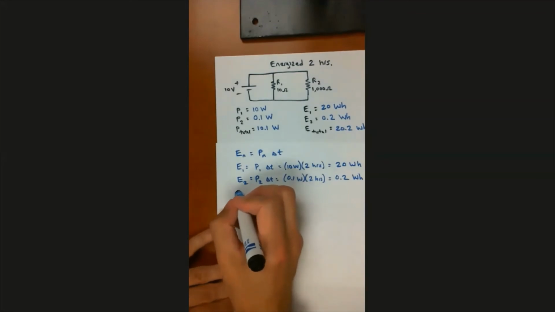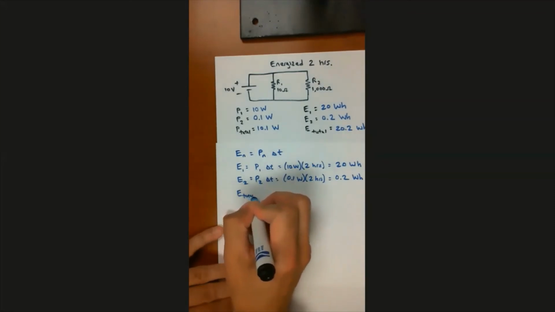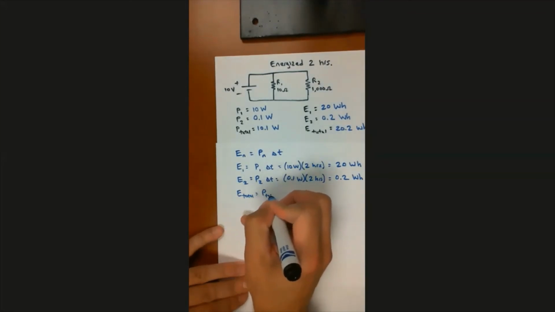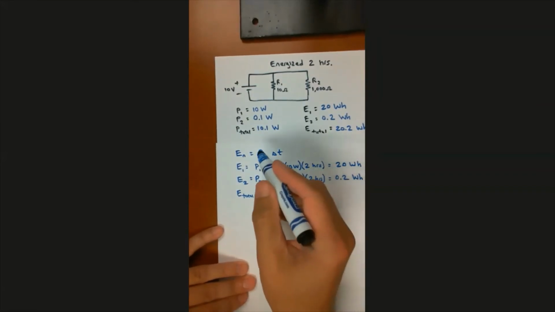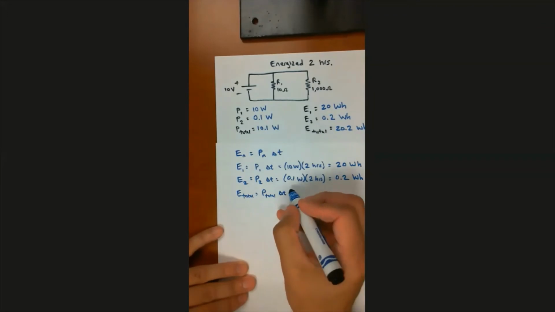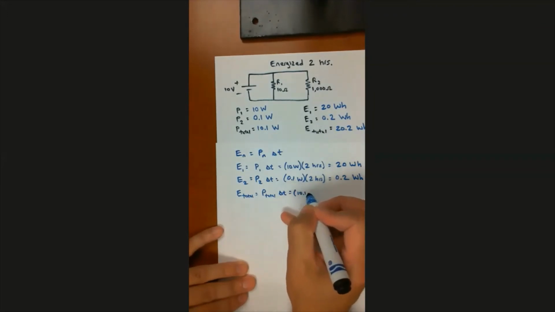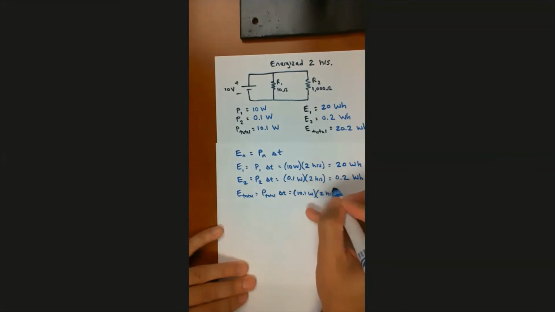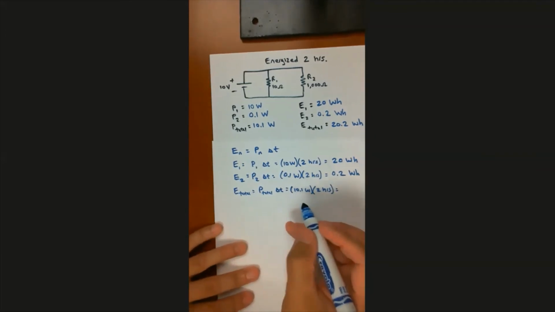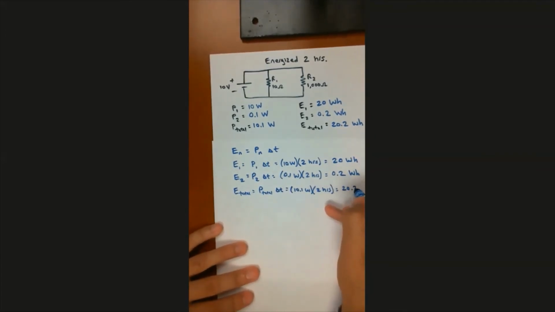But you don't have to take my word for it. Here's the calculation. E total equals P total times delta T. P total was 10.1 watts. Delta T is 2 hours. 2 times 10.1 is 20.2.